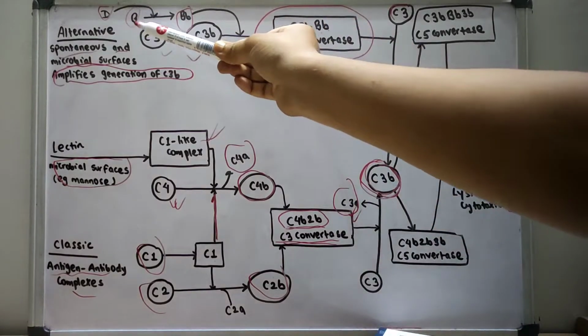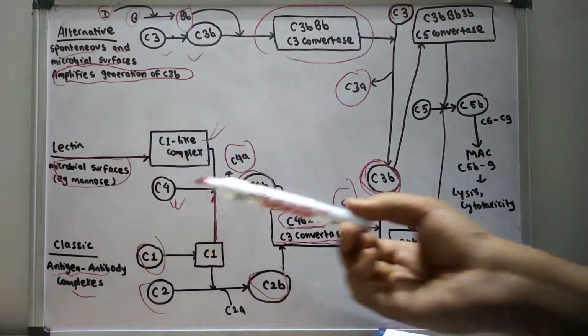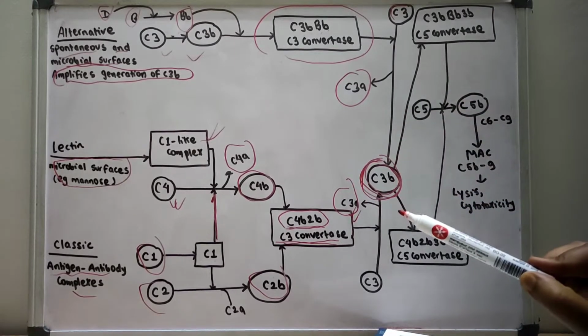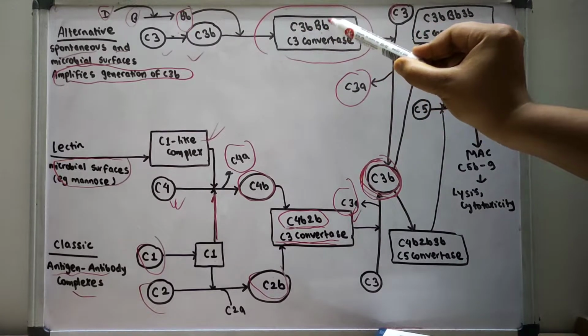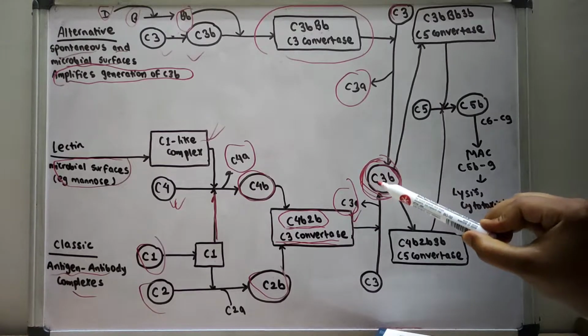So from all the three activation pathways, the alternative, lectin, and classical activation pathway, we have the protein molecule C3b. And from the alternative pathway we have the C3bBb previously, which is known as the C3 convertase, and now we have C3b.